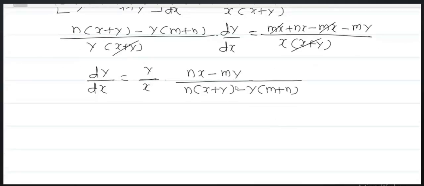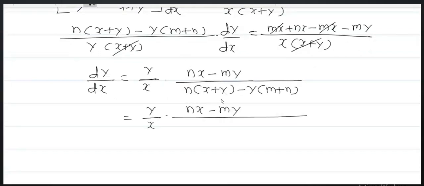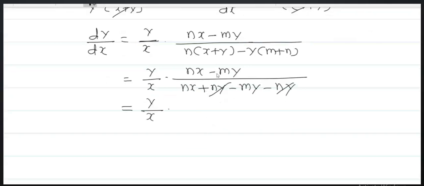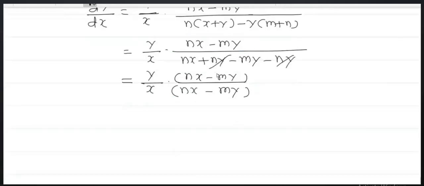If we simplify the other side, it is nx plus ny minus my minus ny, so you will get nx minus my. The nx minus my in the numerator and the nx minus my in the denominator get cancelled, and that's why dy by dx is equal to y upon x.